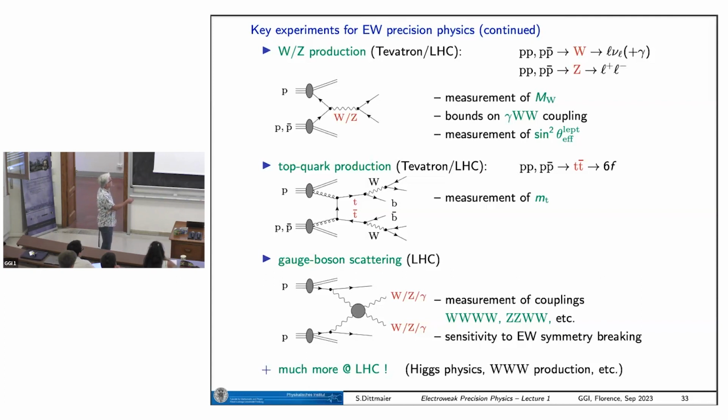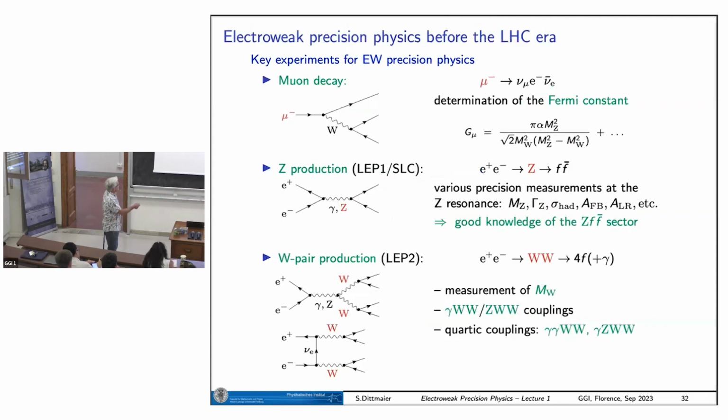You can also analyze, for example, the W boson gamma coupling when you have additional gamma radiation from here, for example. And for Z boson exchange, again, you can measure appropriate asymmetries. I will come to this much later, and transform this information into a statement on the so-called effective weak mixing angle.